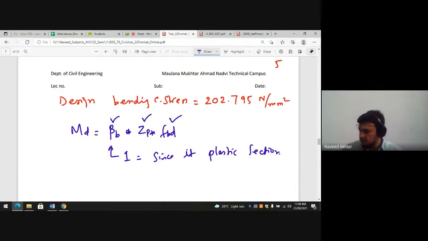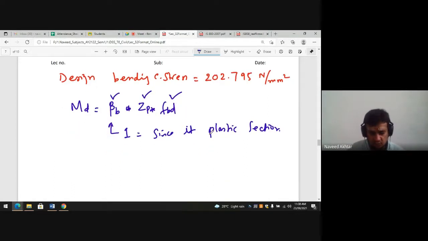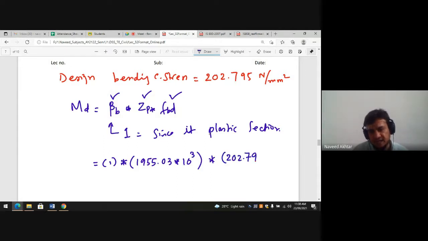So if you write all the values: beta B is equal to 1, ZP is 1955.03 into 10 raised to 3, because when we convert centimeter cube into mm cube, we have to multiply by 10 raised to 3, and FBD is 202.795. If you multiply this, you will get the MDZ value.